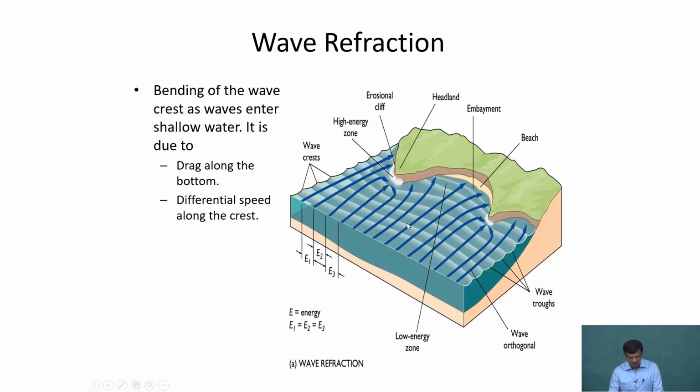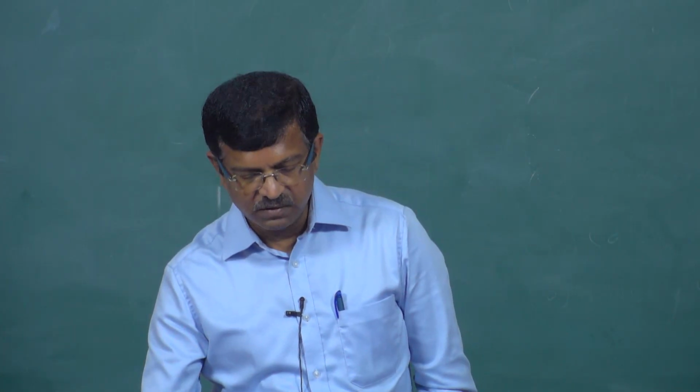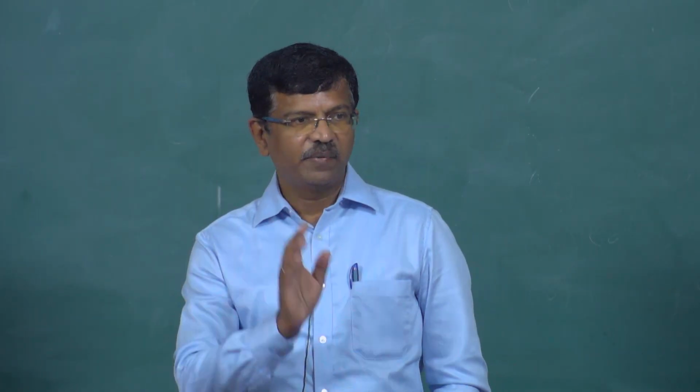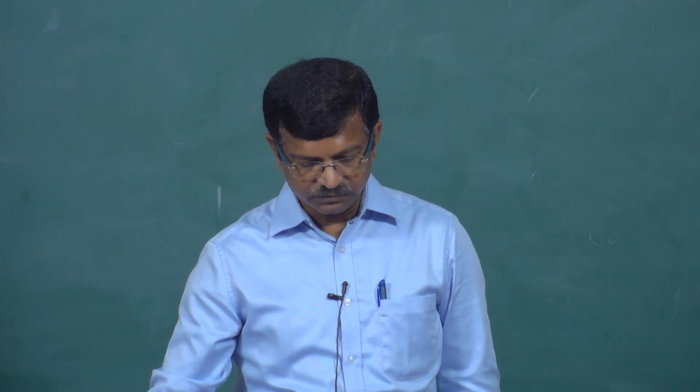This is another reason why wherever there is a bay, you always see a beach: because of the divergence, energy gets dispersed over a wider area and sediment gets deposited. Headland erosion will be there, but most of the time headlands reach an equilibrium shape, in the sense that if there is a rocky coast, the rocks will resist the wave force. So headlands will exist only when there is a strong base, a kind of rock.